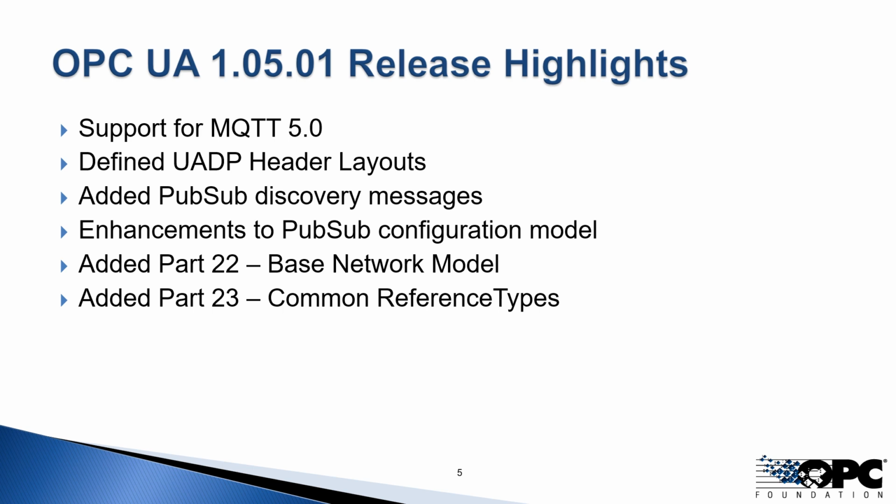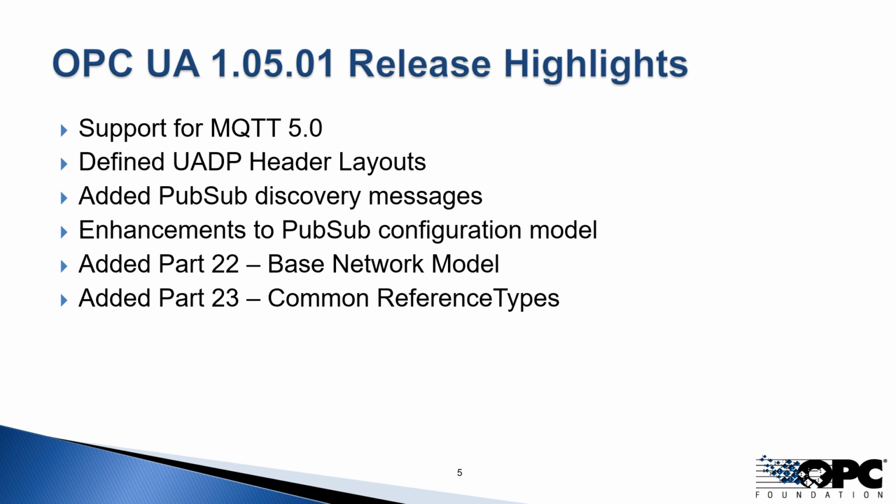However, we added 2 additional new parts to the 01 release. We added a part that deals with the base network model, and that's a way to describe network physical connections, logical connections, metadata around the network, capabilities, and so forth. This all becomes very important with the UAFX work with integrating TSN.